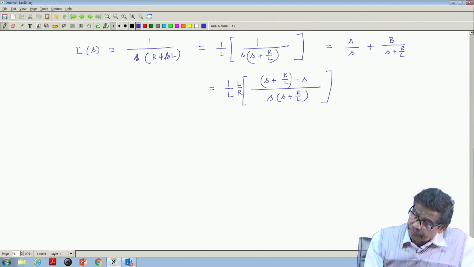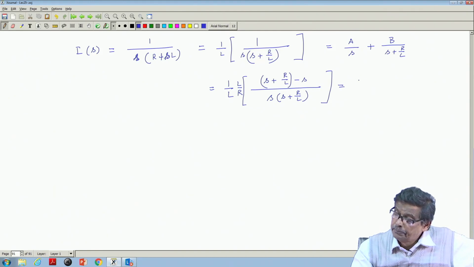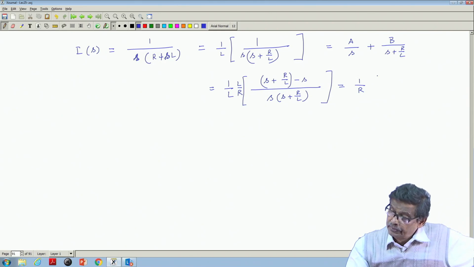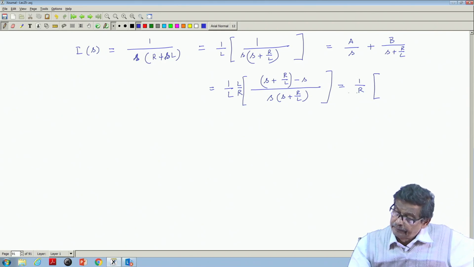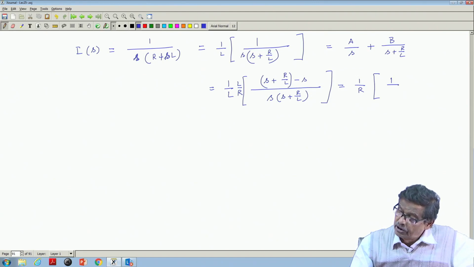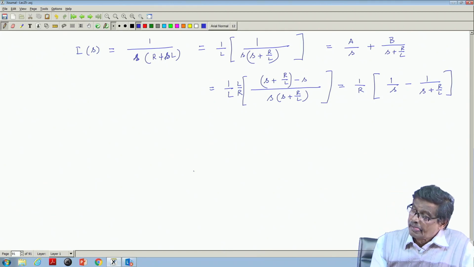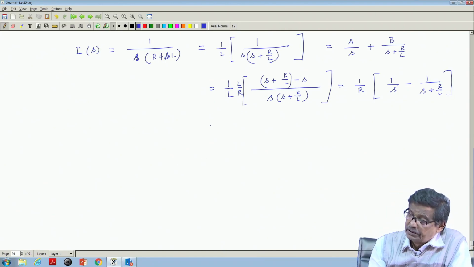Therefore, this will simply become equal to 1 by R into this thing. So you separate these two terms. So it will become 1 by S minus, S goes, and it will be S plus R by L. Got the point?